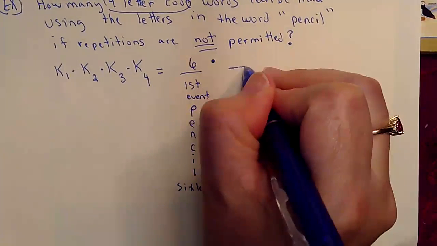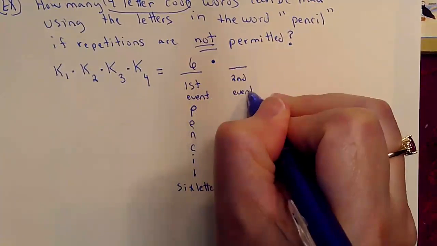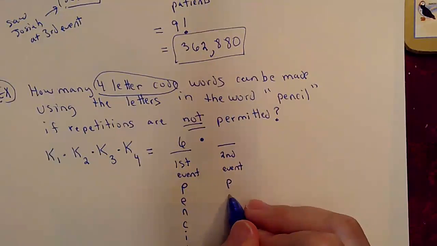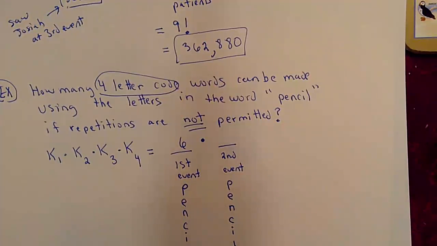Okay. And then you have the second event. Okay, so we have pencil, and repetition is not permitted.